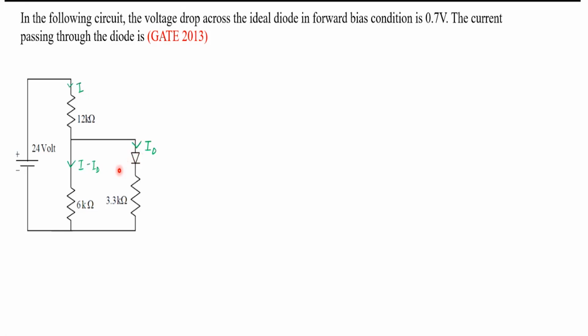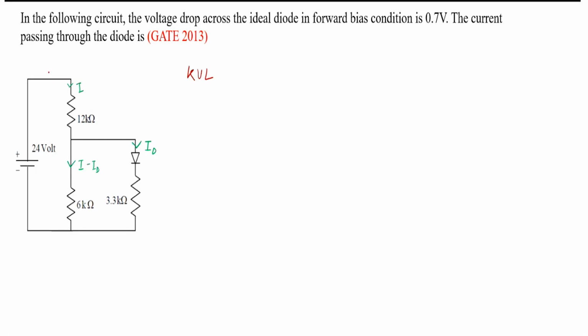The question is asking you to find ID. Since there are two variables, we need two equations to solve these two variables. So how do we get these equations? Anyone? KVL is the trick, right?